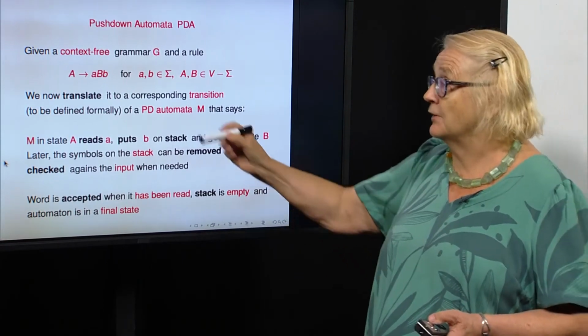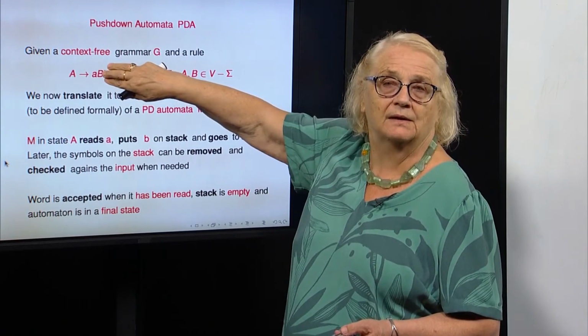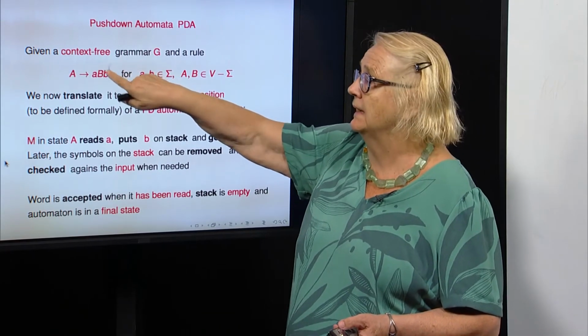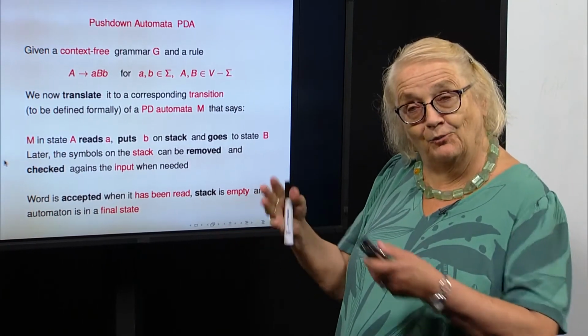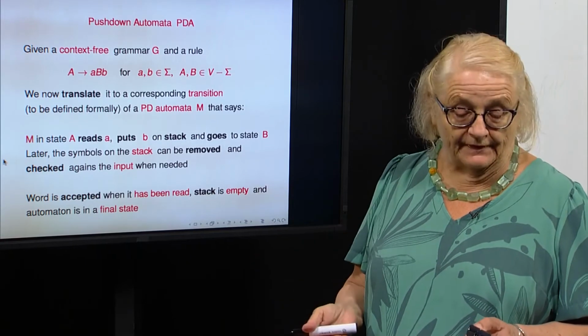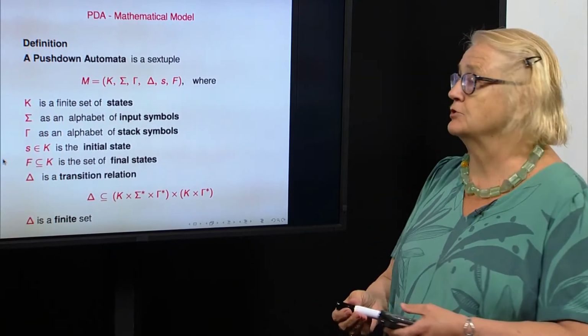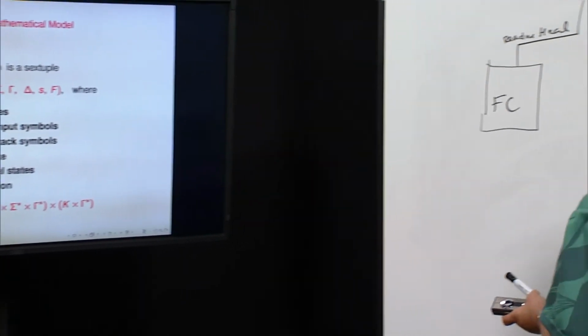So that is the difference. This gives you regular languages and finite automata, but with information on both sides you need a stack to remember things. So here is the pushdown automaton. Here is the definition.